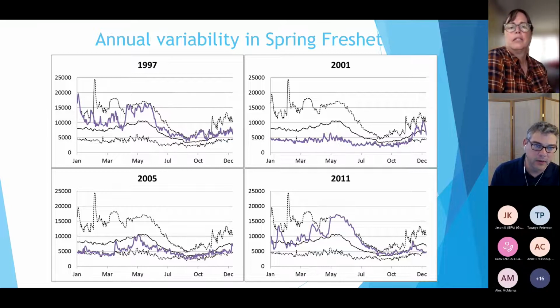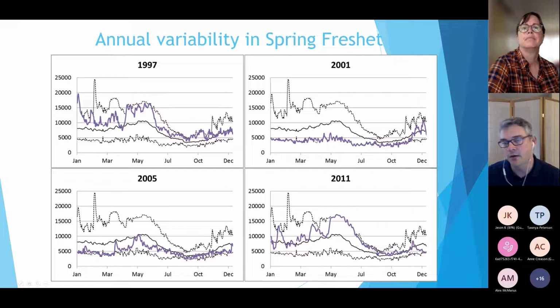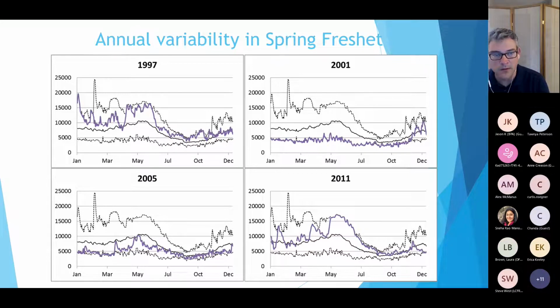So in 1997, you can see we had a relatively large freshet, whereas in 2001, if you look at the upper right graph, there really was no freshet whatsoever. In fact, all of the data from 2001 falls on the minimum flow rates for the data set. So that was clearly an extraordinarily dry year where we didn't see a lot of flow.